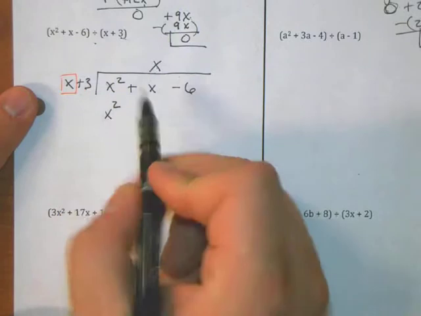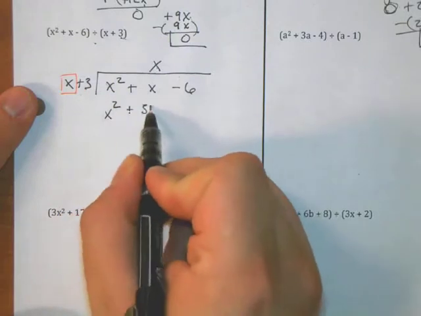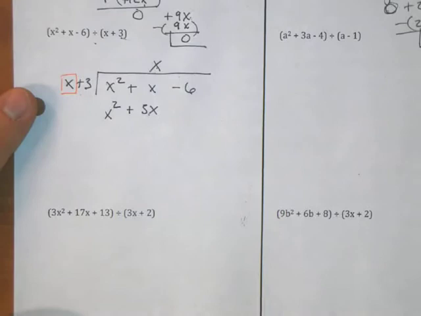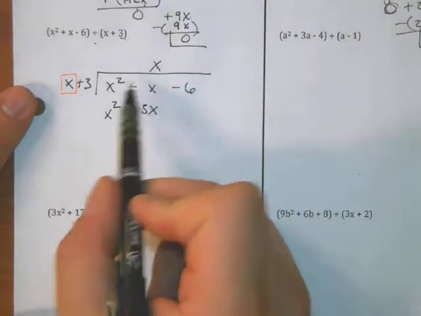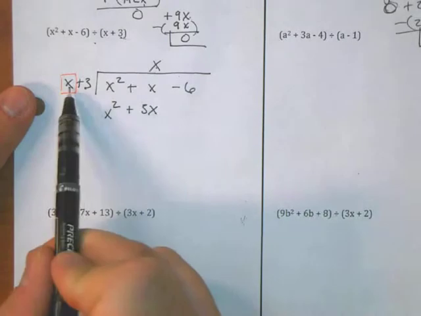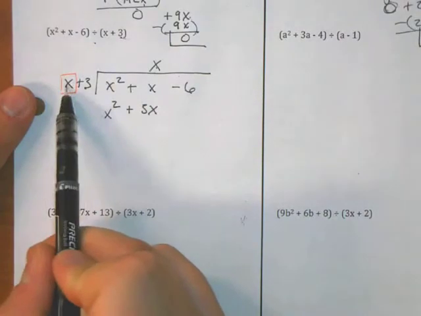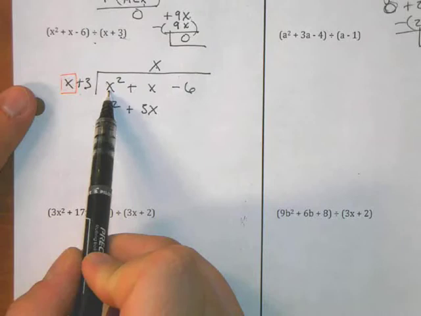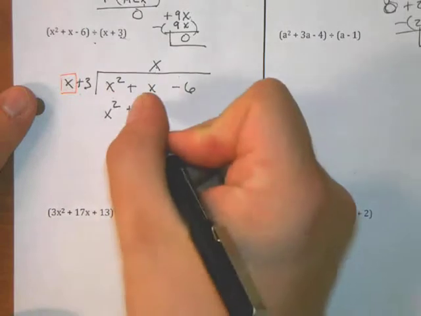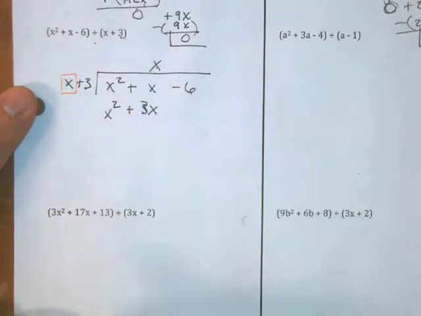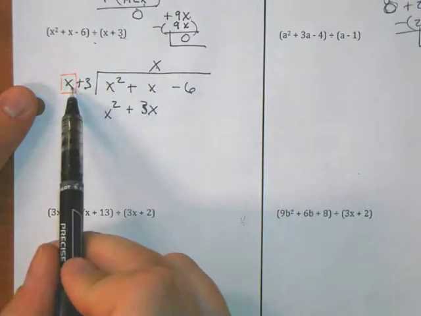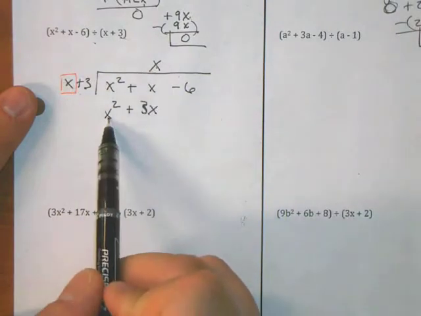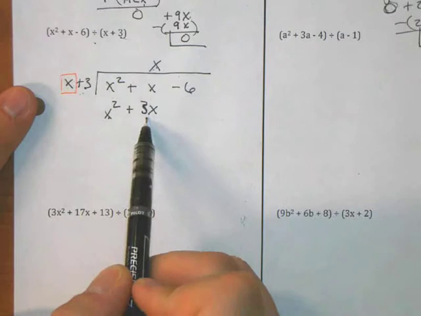What's x times 3? 3x. We're still taking this number in front and deciding what times x is the first term. That's an x. x times x is x squared. x times 3 is 3x.